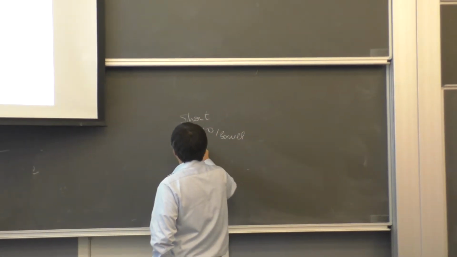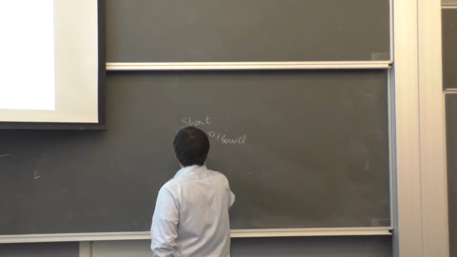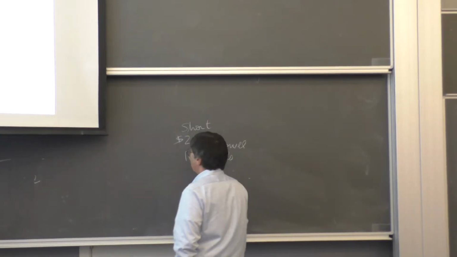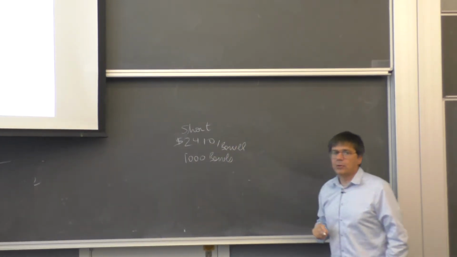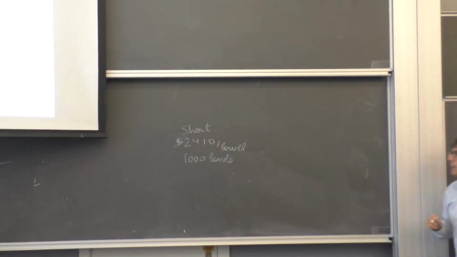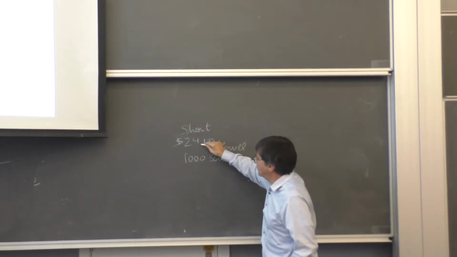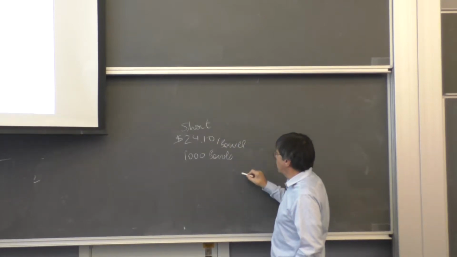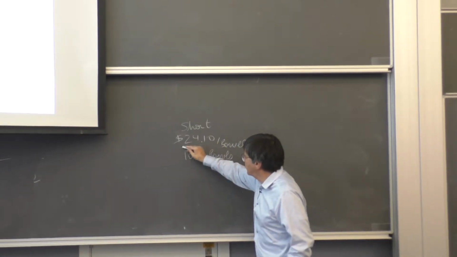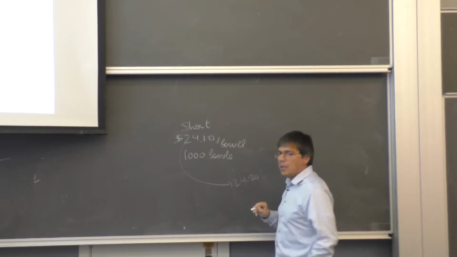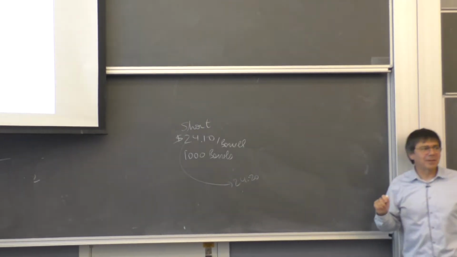And I committed to sell 1,000 barrels. Okay, so this is the contract I entered into with the exchange. And now at the end of the day, I observe the price that people are agreeing on, the closing price. Suppose that the closing price now is not this, but it's 24.20. Am I happy or am I sad?